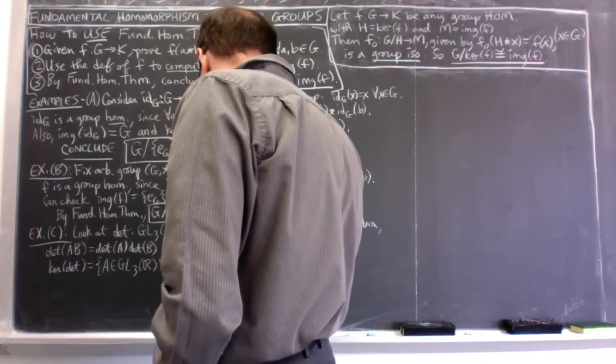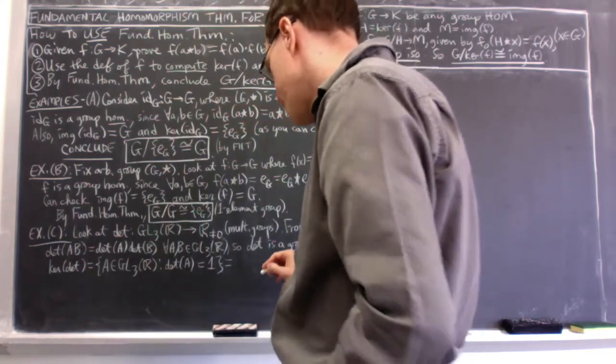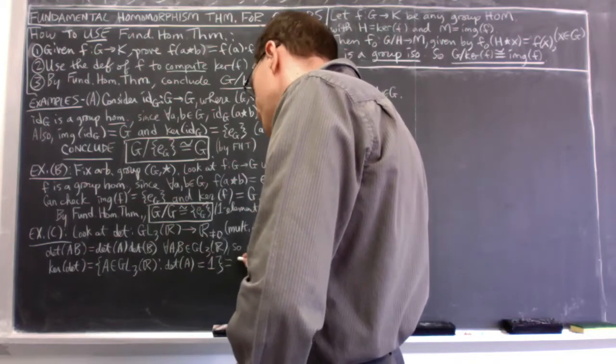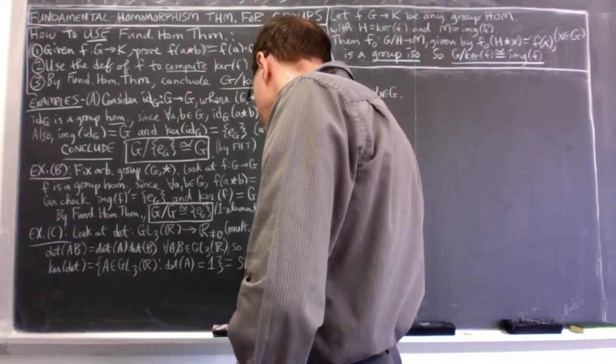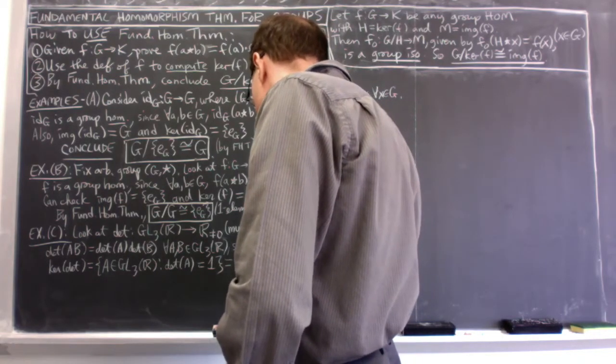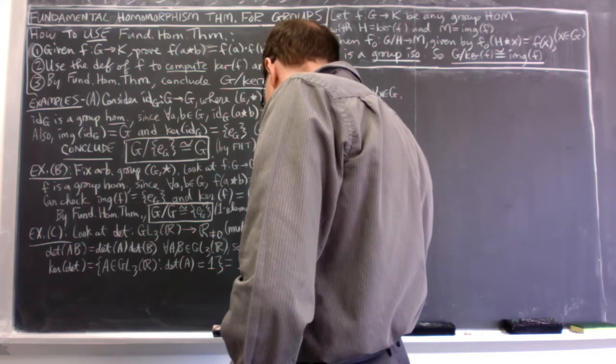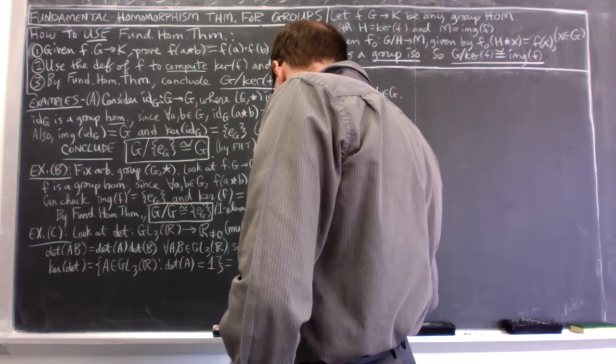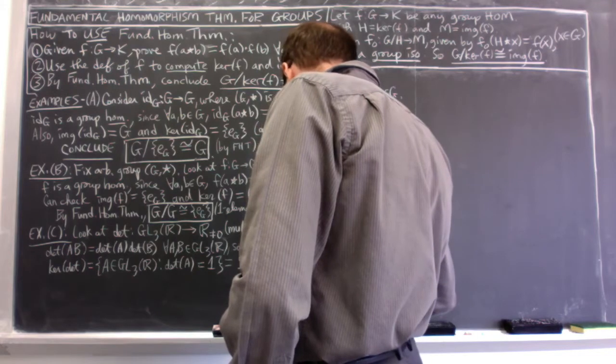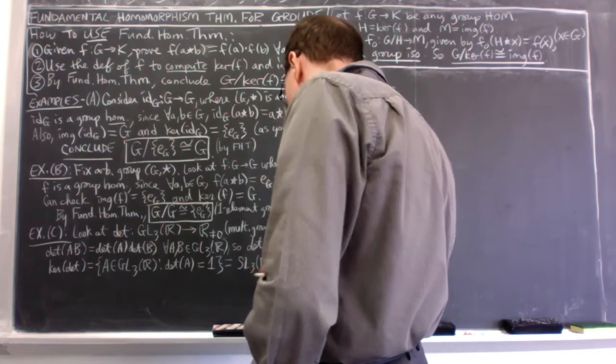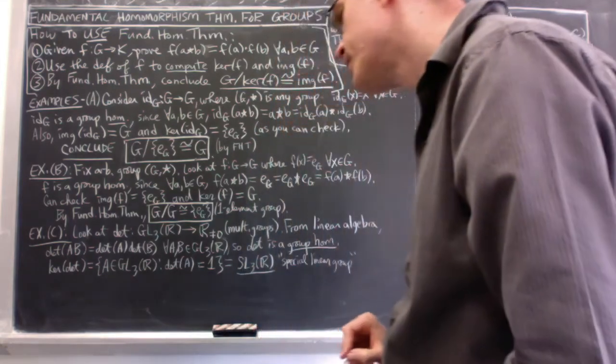And I can't remember if I used this name for it earlier, but this is given the name SL3 of R, the special linear group, if the determinant is 1. And just for convenience, I'll introduce that notation, whether or not I've used it before.